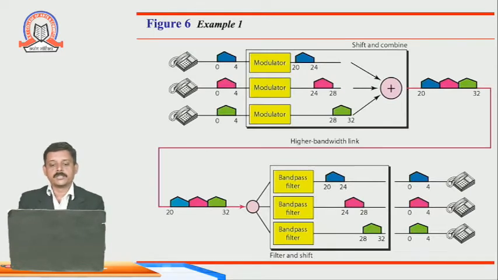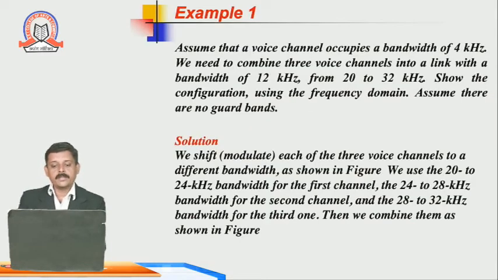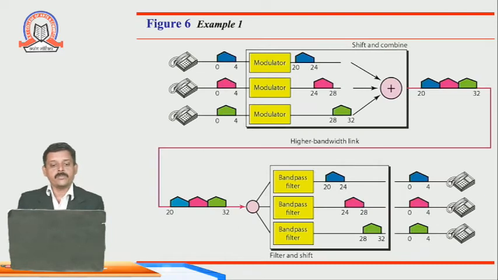which is shown in this figure. We use 20 to 24 kilohertz for the first channel, 24 to 28 kilohertz for the second, and 28 to 32 kilohertz for the third channel. So we have 3 different lines and 3 different bandwidths for the particular channels. The modulator modulates and combines these frequencies, and the data is transferred through the common link.